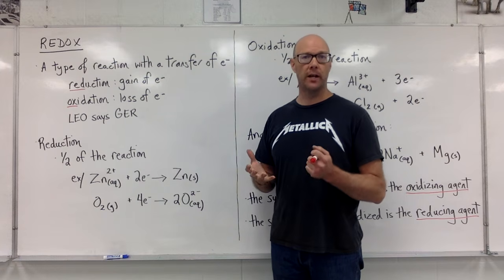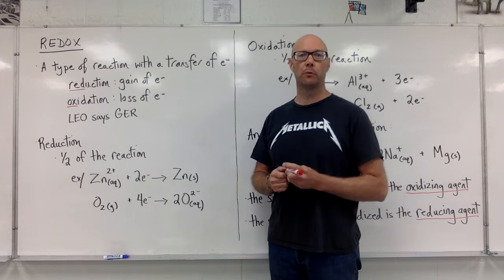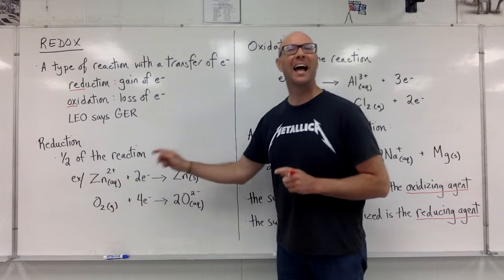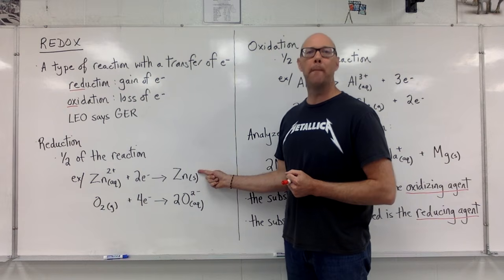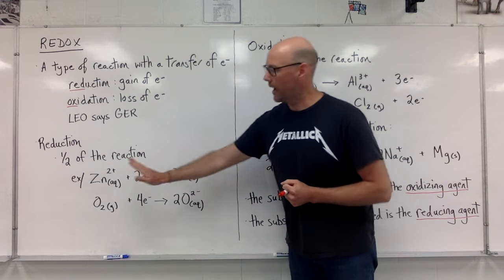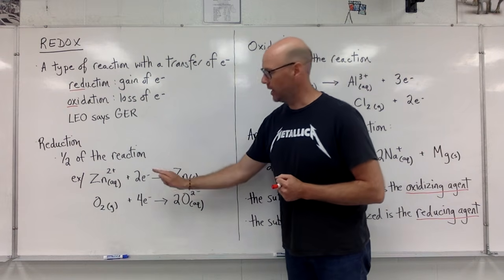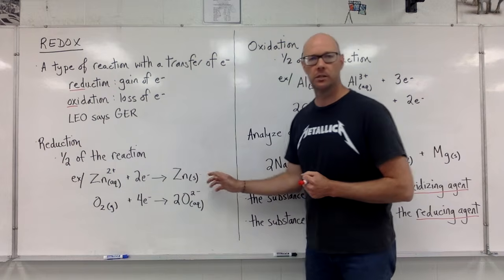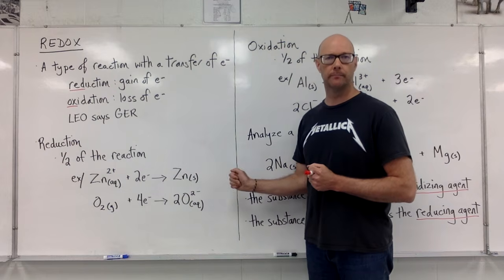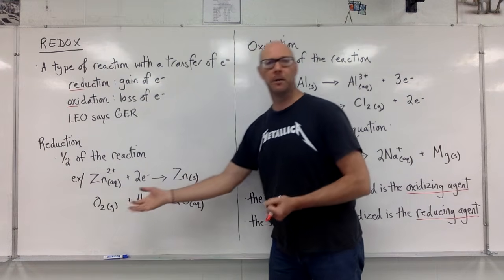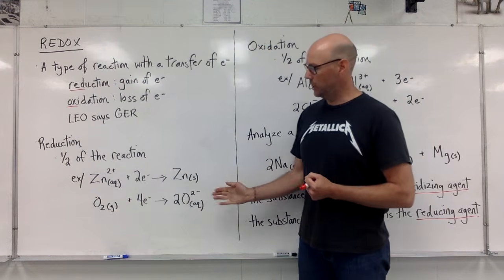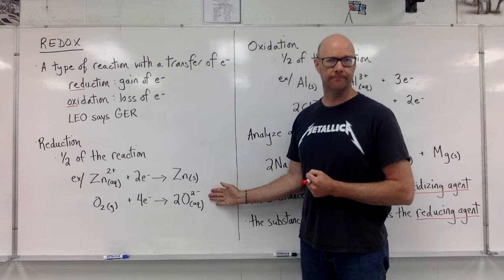There's two situations that are possible for reduction. A metal cation gaining electrons to turn into a metal atom. Here I have zinc 2+ ions gaining 2 electrons to become zinc solid. A second situation is a non-metal atom gaining electrons to become an anion.